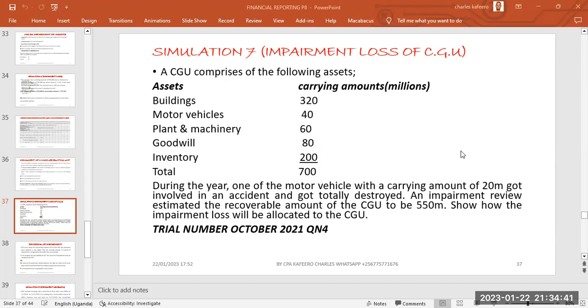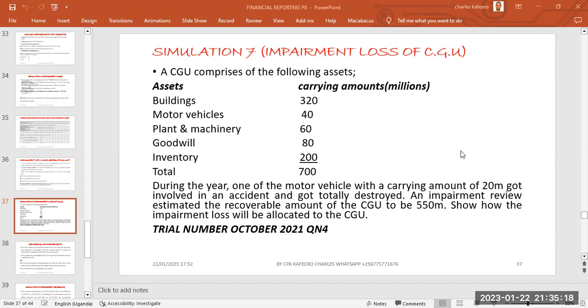We try to look at the balance that has remained on the impairment. If let's say we had impairment loss of maybe 10 million, but we had maybe an asset of maybe 2 million or 5 million that was completely damaged. What we do, we first remove that 5 million, then the balance of 5 million that is going to be remaining as the impairment loss, we remove on that balance, we remove again if there is goodwill.